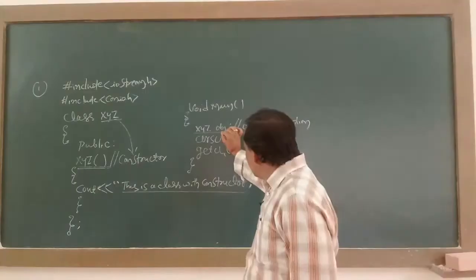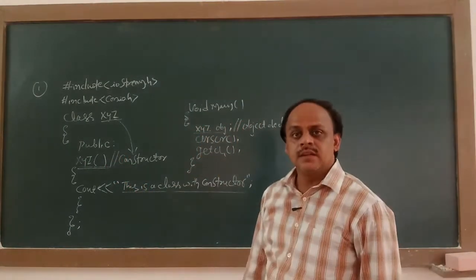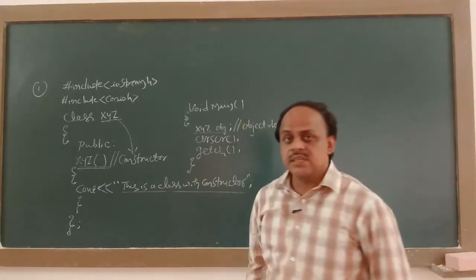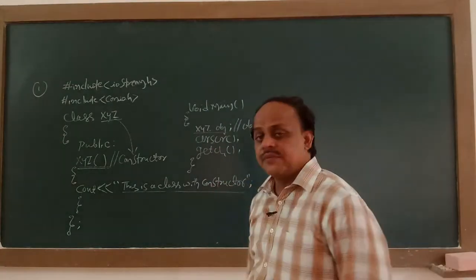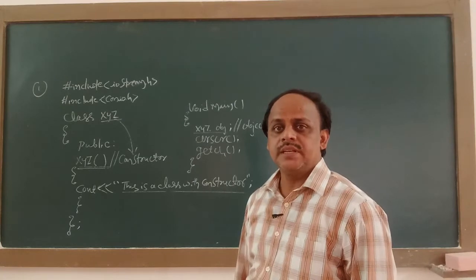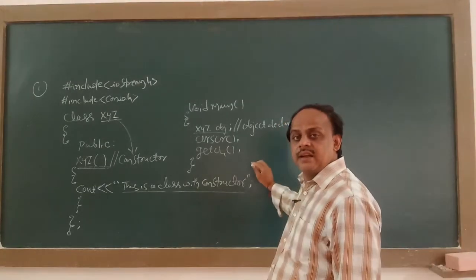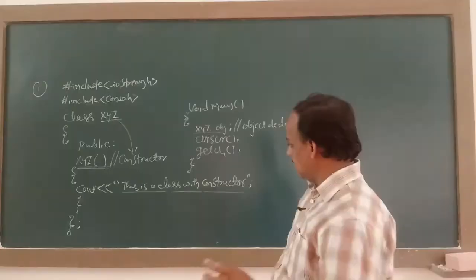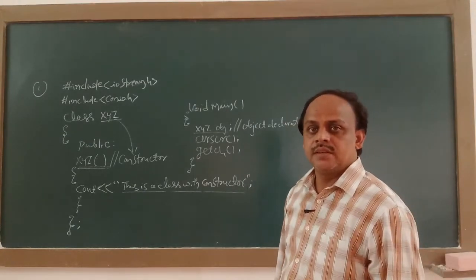So here I declared one object, therefore this constructor is executed once. So what is the result? We get this statement: This is a class with the constructor concept. After pressing Alt C, 0 errors, and then Alt R, we get this statement: This is a class with constructor, right?